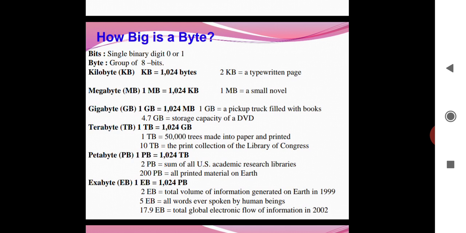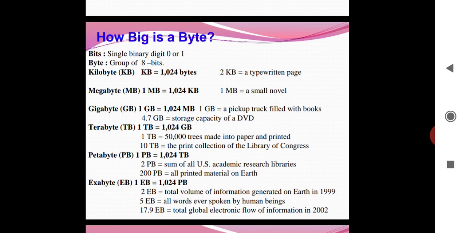Now how does this 1024 come? 1024 is nothing but 2 raised to 10. Again, why 2 raised to 10? Because 2 is the base of the binary number system, and therefore 2 raised to 10 is equal to 1024. Subsequently, 1 megabyte means 1024 kilobytes, 1 gigabyte means 1024 megabytes and so on.